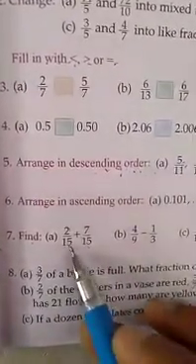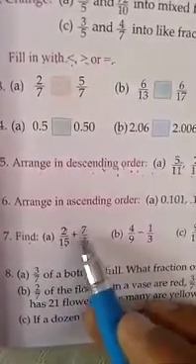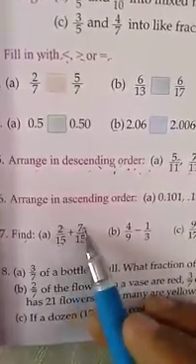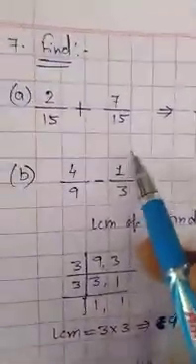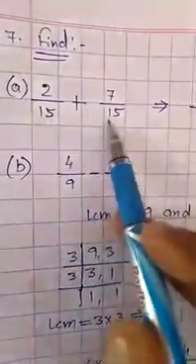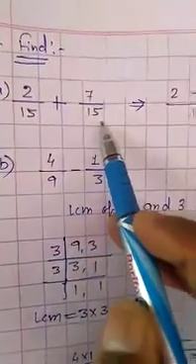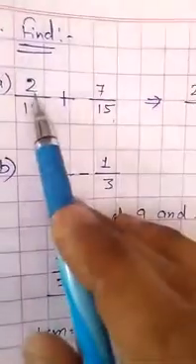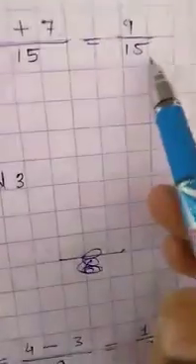Here we can see that the denominators of these fractions are the same, so we will add only the numerators. 2 plus 7 is equal to 9, and the denominator is 15. So the answer is 9 upon 15.